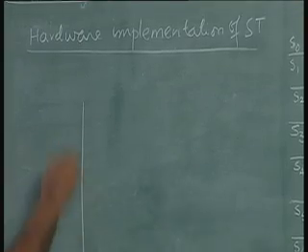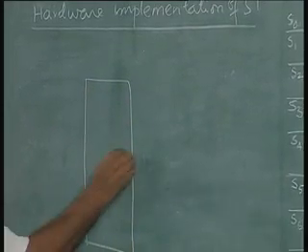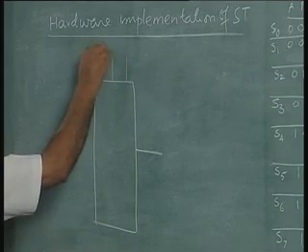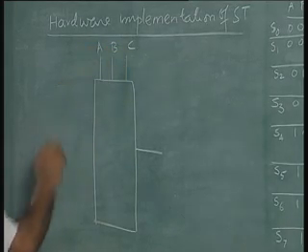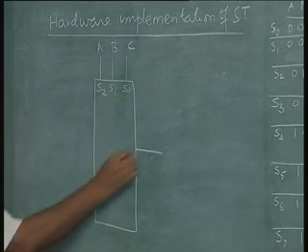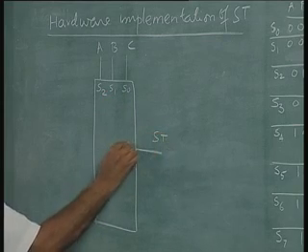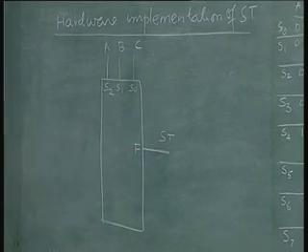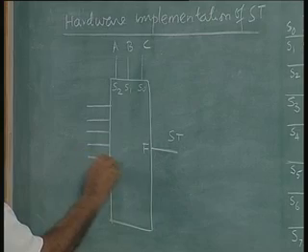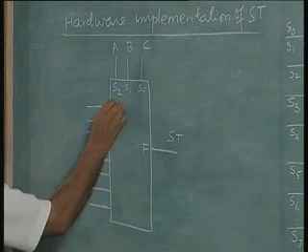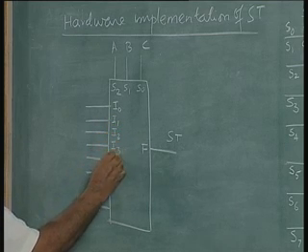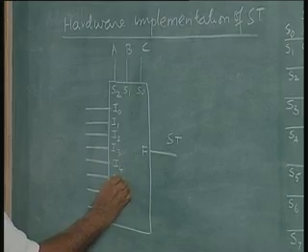We have an 8 input, 1 output mux, with A, B, C, the present state variables, as the 3 selectors. This is the start output. F is the output of the multiplexer, that is the output start.